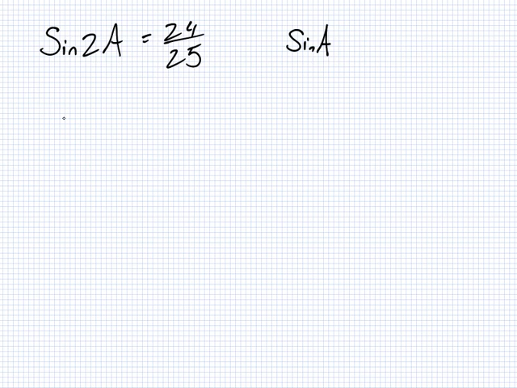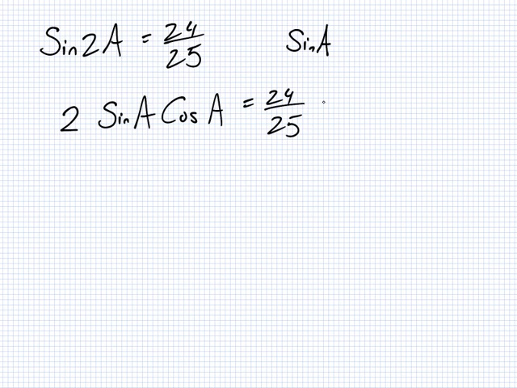So this is going to be 2 sine a cos a equals 24 over 25. So this means sine a cos a equals 12 over 25. Divide both sides by 2.